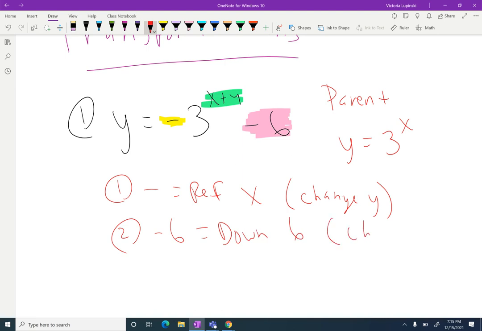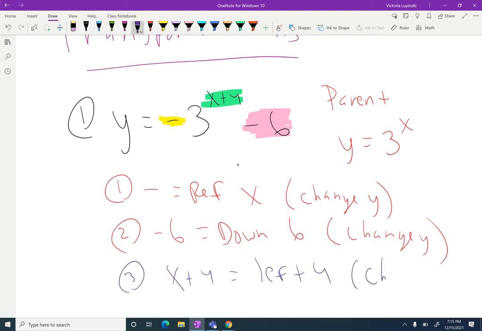When you go down 6, you're also changing the y values. Then the third transformation is the x plus 4. The x plus 4, you would interpret that as left 4. And if you're going left 4, you are going to change the x values. So 2 changes to the y and 1 change to the x.